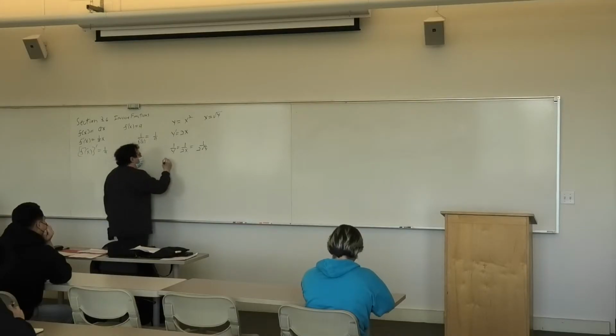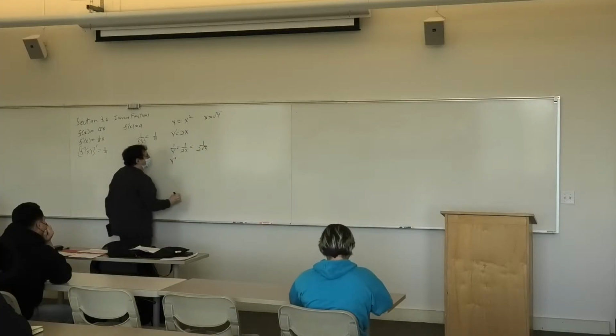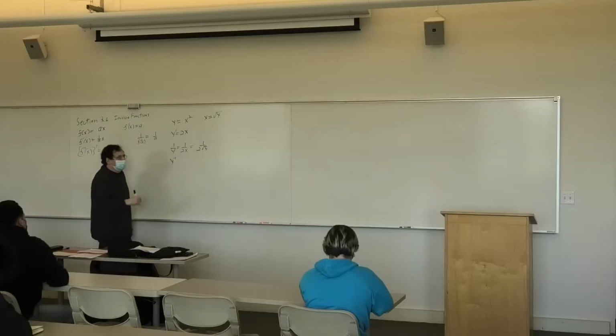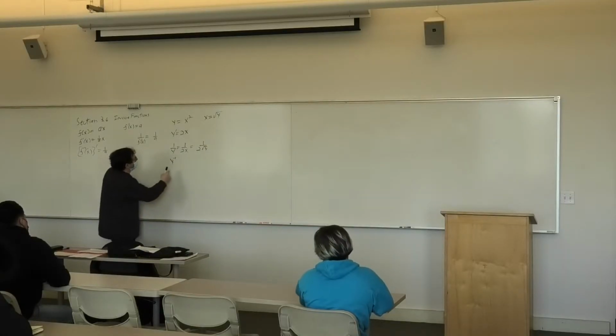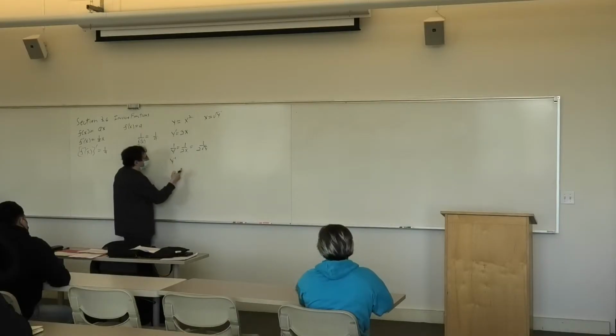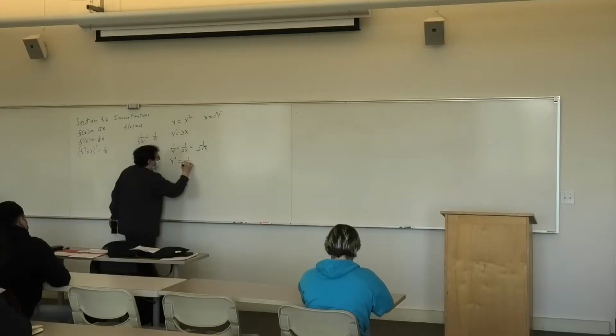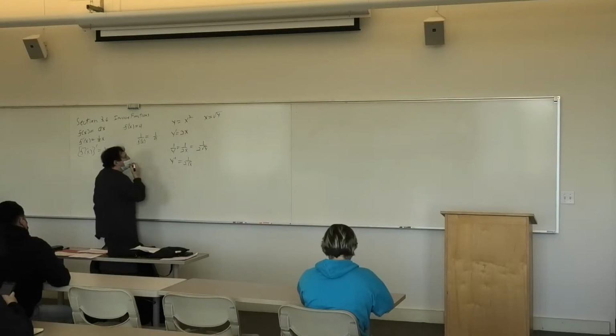So if we want to look at the inverse function, write this y inverse, well, I don't want to write it that way, do I? I guess I do. I want to write y inverse in terms of x. I have to switch the variables. So that would be 1 over 2 square root of x. Well, that's exactly what the power rule tells us.